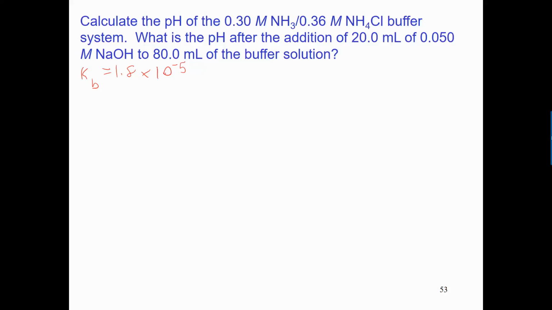It's a constant. It would come from a chart or a table or the question. So the pH equals the pKa plus the log of the base over the acid. Okay, so go ahead, tell me what the pH is here.